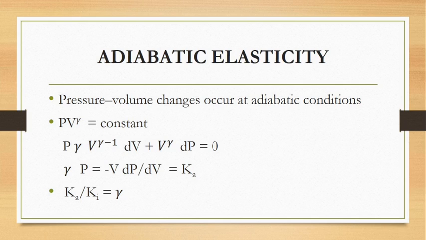Now what is gamma? Gamma is the ratio of specific heats of gas. So gamma is equal to Ka by Ki, that is the ratio of adiabatic elasticity to isothermal elasticity, which is known as the ratio of specific heats of gas.